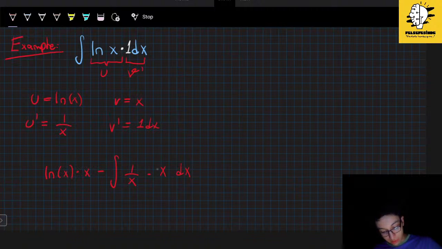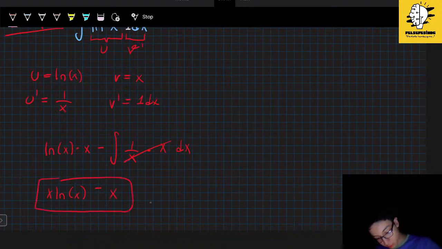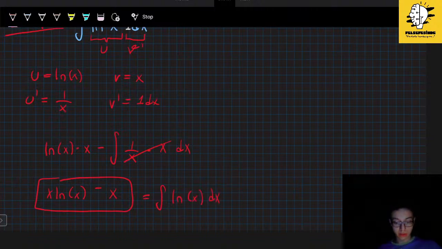We know that they will cancel each other out, and we will have x ln x minus integral of 1 dx, it is just x, and therefore this is equal to integral of ln x dx. This is how we solve it simply.